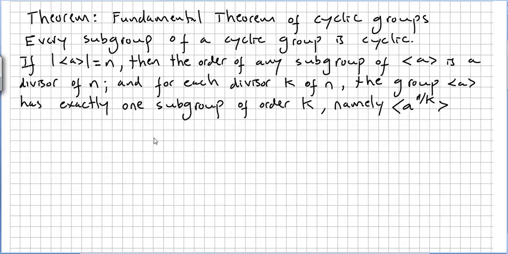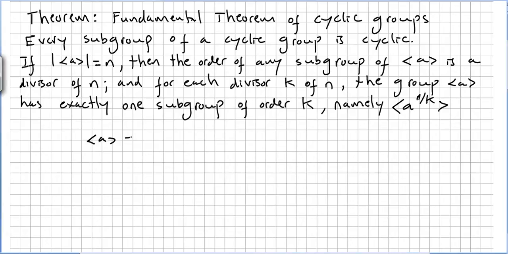This video is about what we call the fundamental theorem of cyclic groups, and this will be the last theorem in this chapter. Every subgroup of a cyclic group is cyclic.